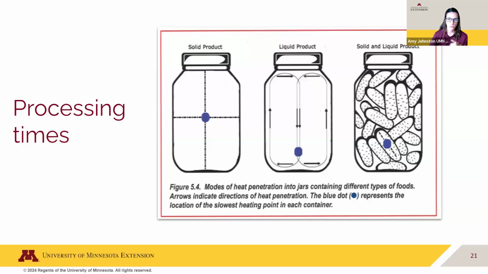It's also another reason why it's very important to follow the cut size details in the recipe, because that'll impact how much food and how much liquid is inside your jar, which is what was tested in that recipe to make sure that we're getting enough heat penetration and making a safe product.